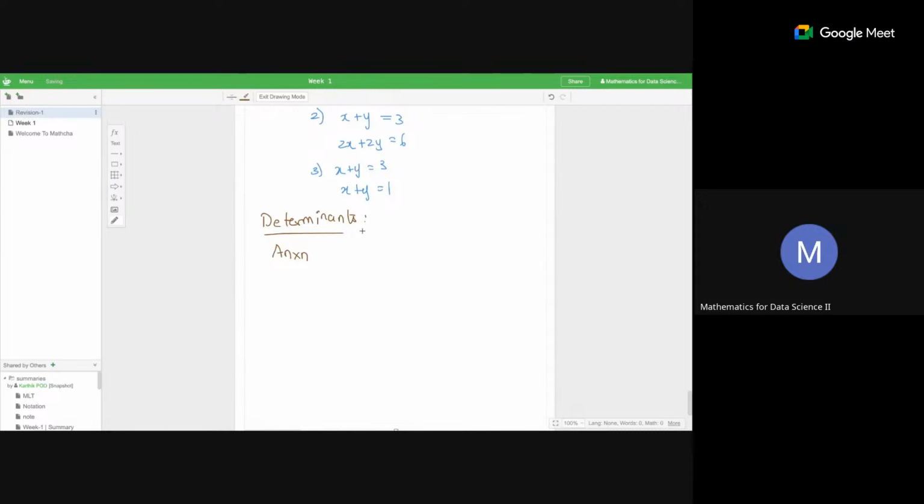How are we going to define it? First, let us look at the very simple case of a 1 by 1 matrix. A 1 by 1 matrix means you just have one real number inside it. For this, we define the determinant of A as just the number itself. So what is the determinant of the matrix [-3]? It is minus 3.